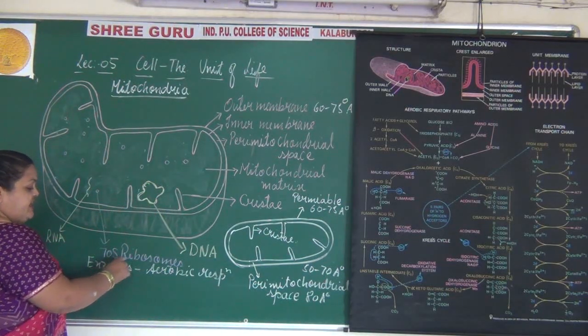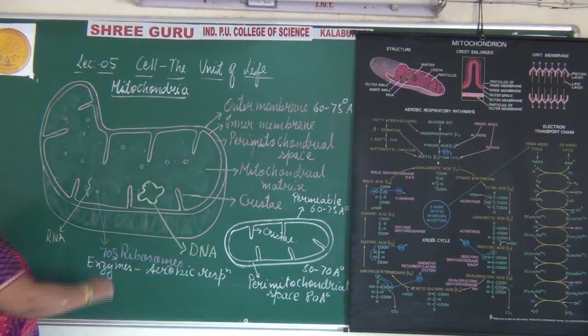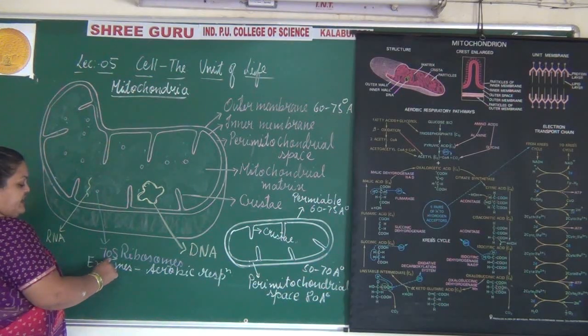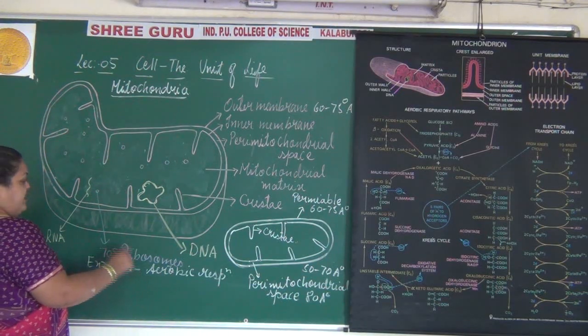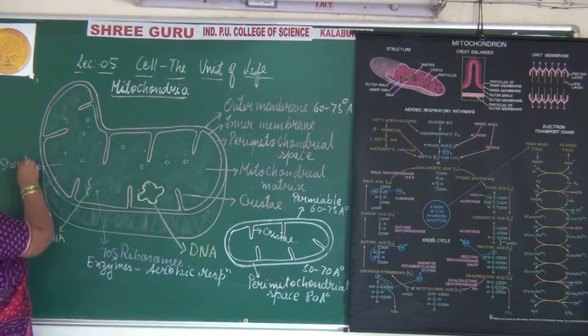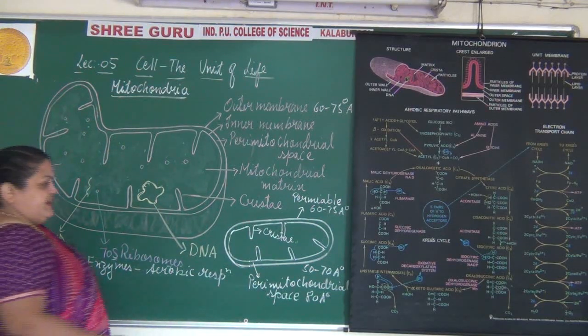It has 70S ribosomes, try to remember this, along with RNA and a small amount of starch grains.